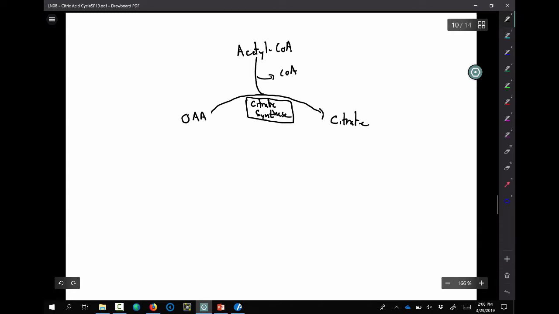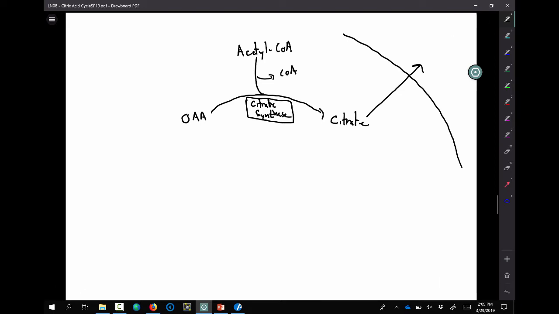Okay, so citrate synthase. Now, citrate can be pulled out of the mitochondria. Okay, so this would be the cytosol, to make fatty acids, or more generally, lipids. Okay?